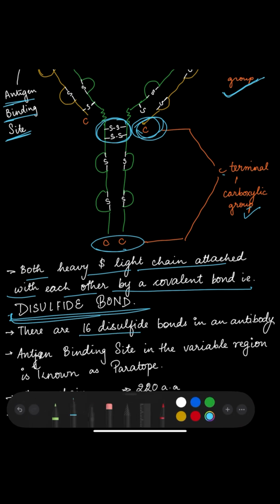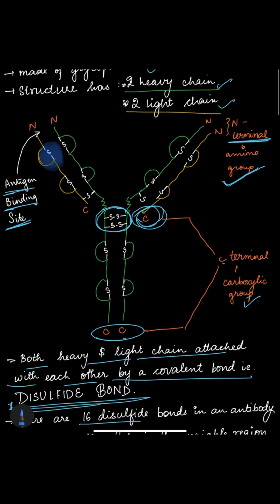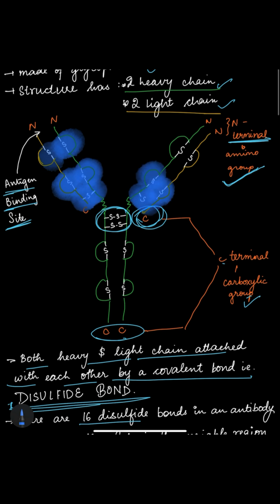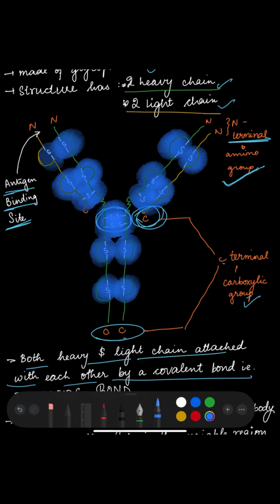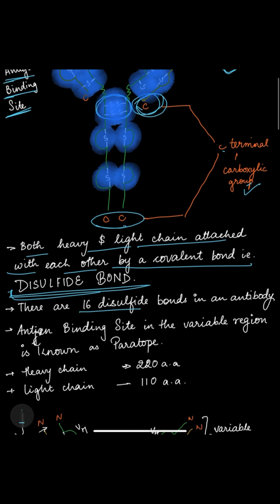Now let's mark them all: 1, 2, 3, 4, 5, 6, 7, 8, 9, 10, 11, 12, 13, 14, 15 and 16. Please remember these. This is very important: each antibody has 16 disulfide bonds. You need to learn the locations.